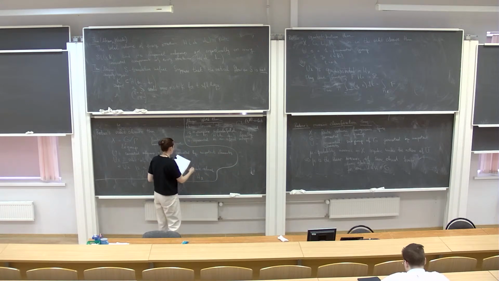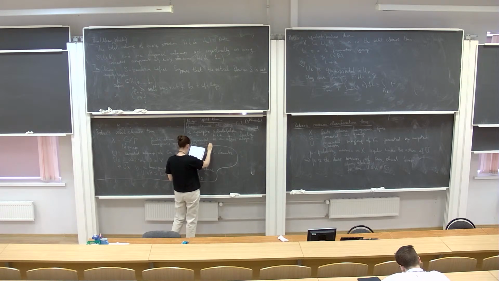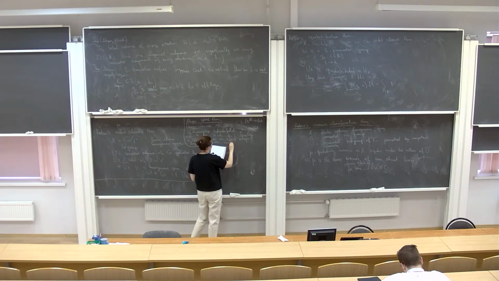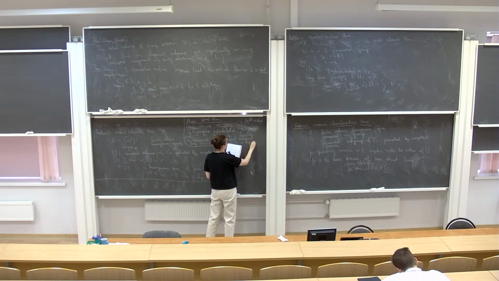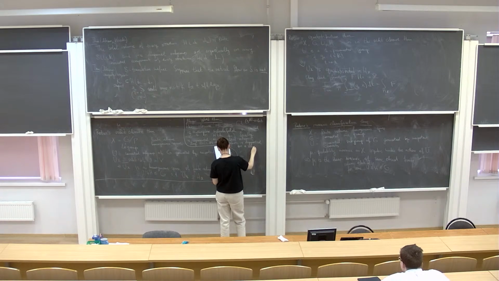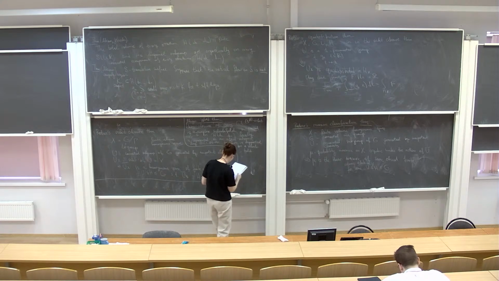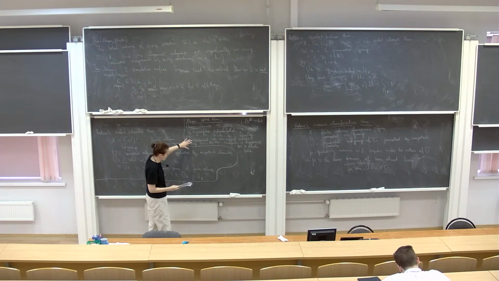And moreover, we can classify the measures, and any SL2R invariant measure is supported on a suborbifold, and in these period coordinates, this suborbifold is nothing else than an affine subspace.